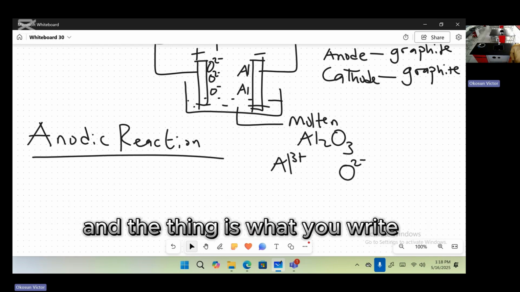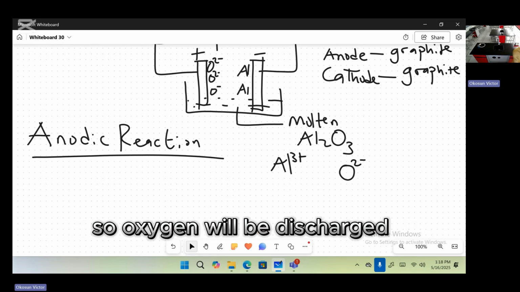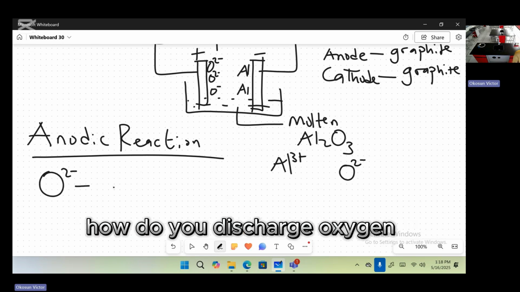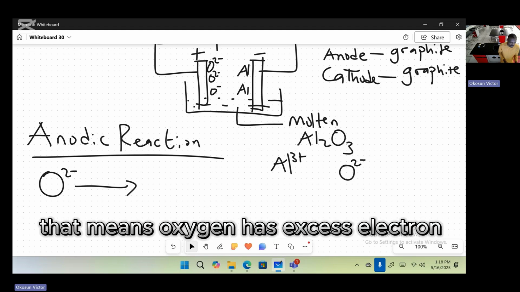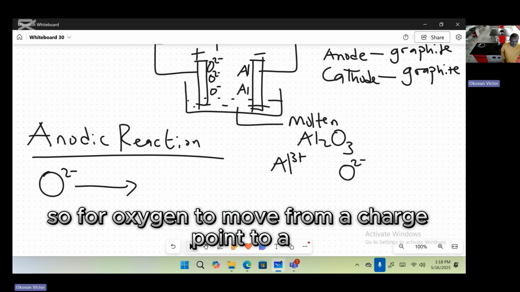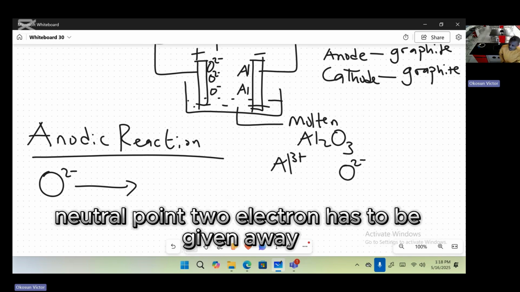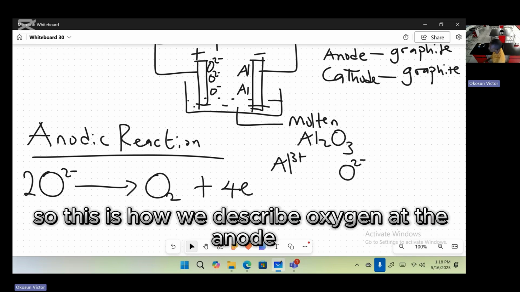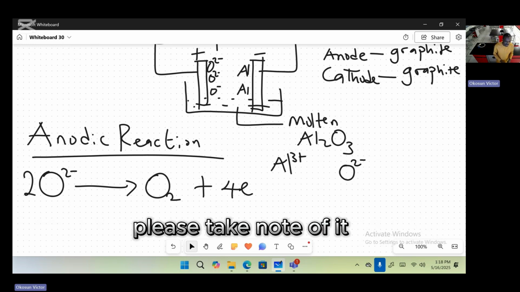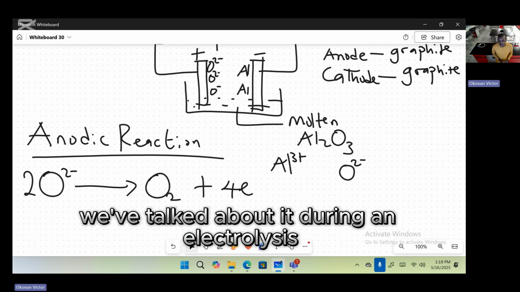Now, at the anode, we have oxygen there, so oxygen will be discharged. How do you discharge oxygen? When we have O2-, that means oxygen has excess electrons, which is an additional 2 electrons. So for oxygen to move from a charged state to a neutral state, 2 electrons have to be given away, and then we have something balanced. This is how we discharge oxygen at the anode. Please take note of it. We've talked about it during electrolysis.